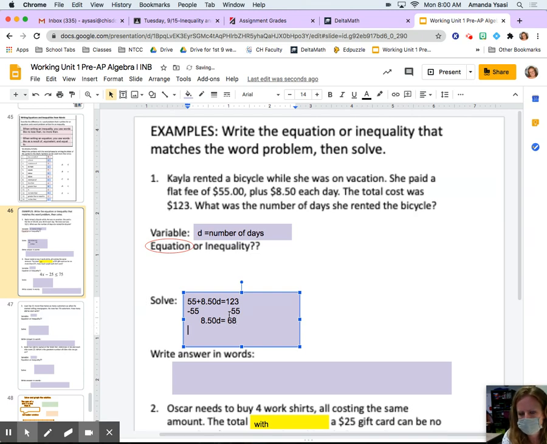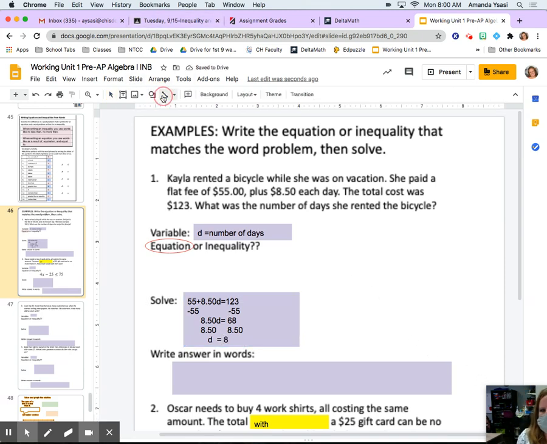And then we divide by 8.50. So then D equals 8.